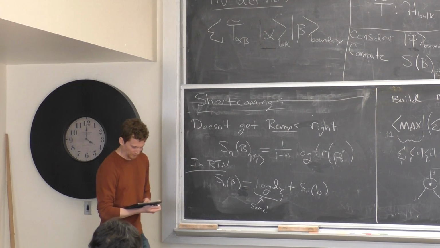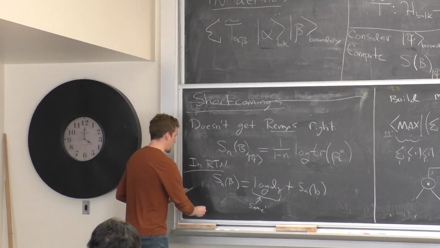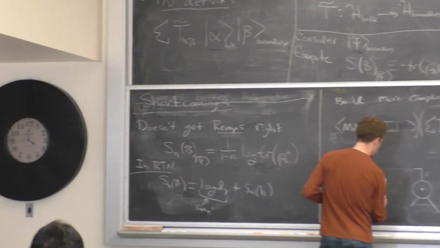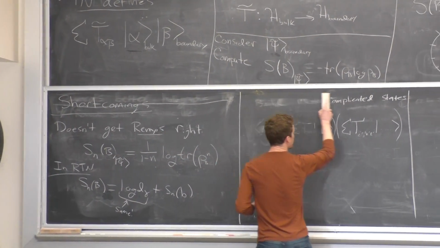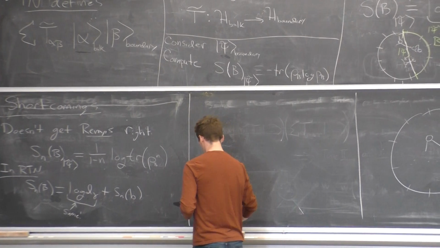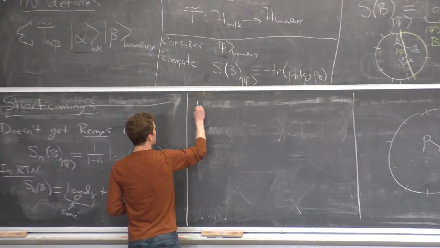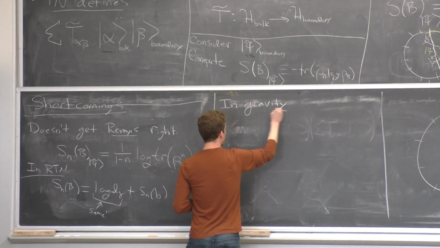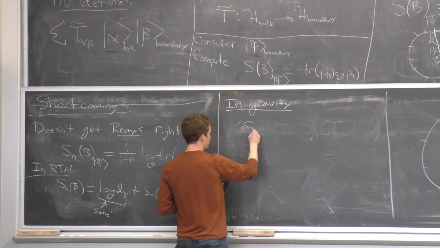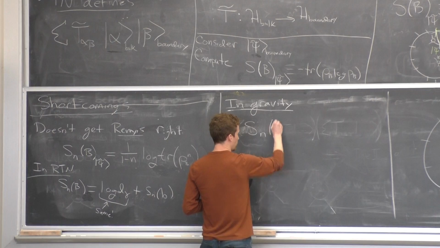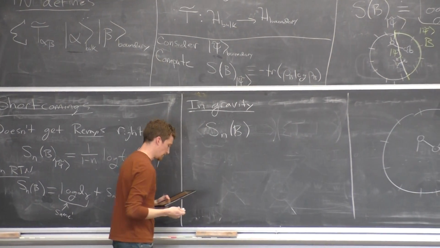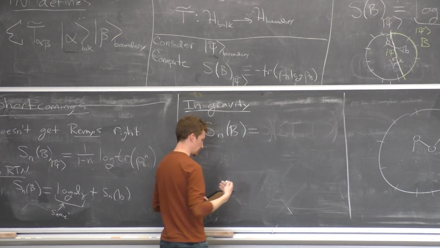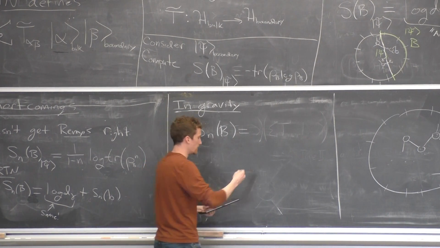They're independent of n. This is bad because gravity has a very different answer. If B was some subregion of a holographic CFT, you could use the bulk dual to compute it.